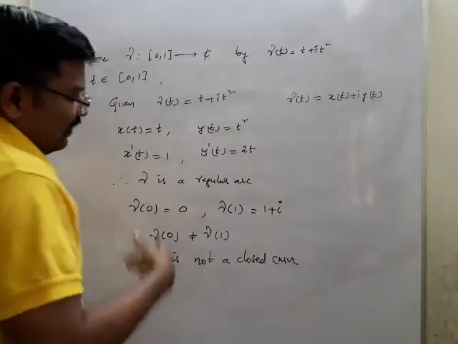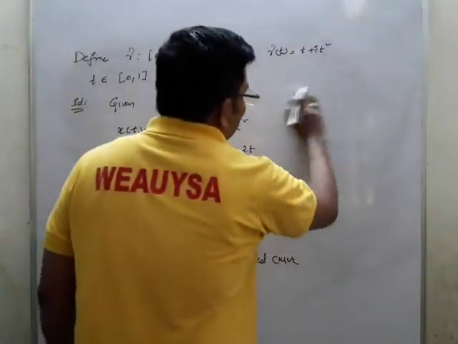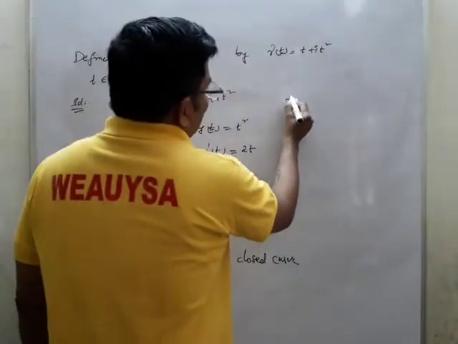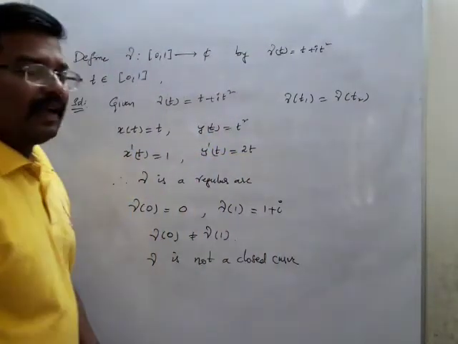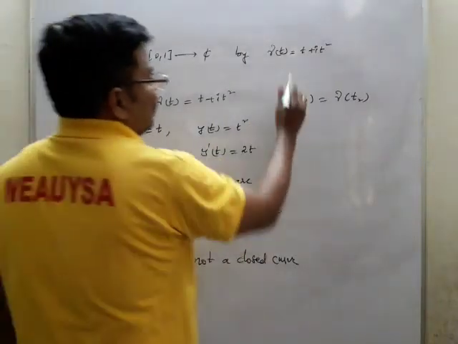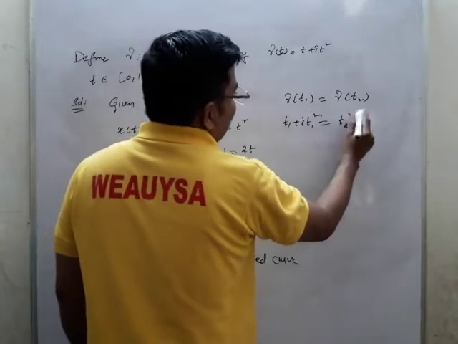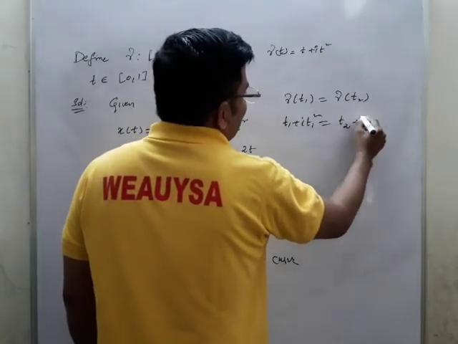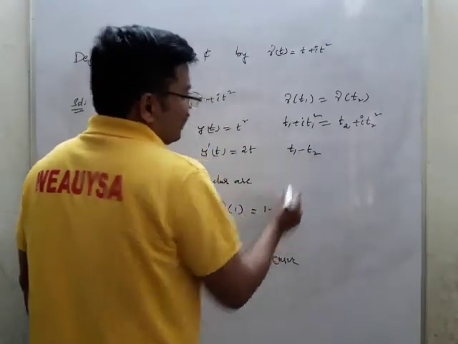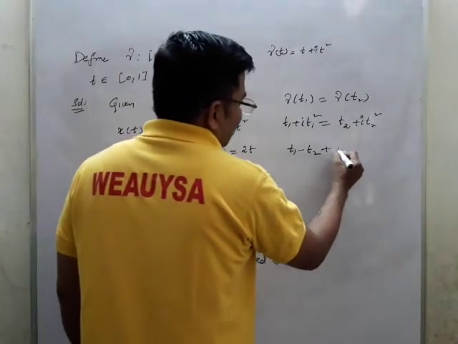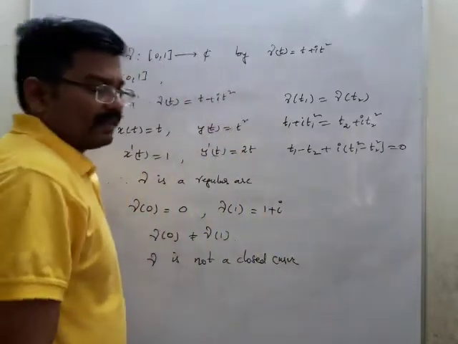Next, we need to check whether gamma is one-one or not. So I'll write gamma of t1 equal to gamma of t2. This is t1 plus i t1 square equals t2 plus i t2 square. So t1 minus t2 plus i into t1 square minus t2 square equals 0.